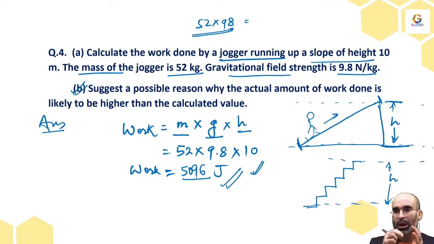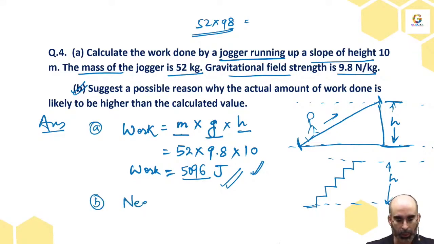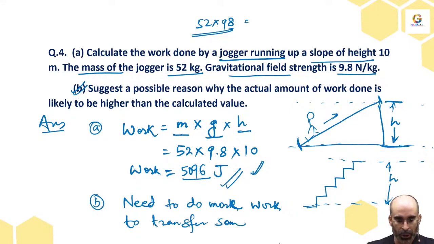He needs to transfer more energy to reach this, because some part of his energy is getting transferred to the surroundings to overcome the friction. Need to do more work to transfer some energy to overcome friction.